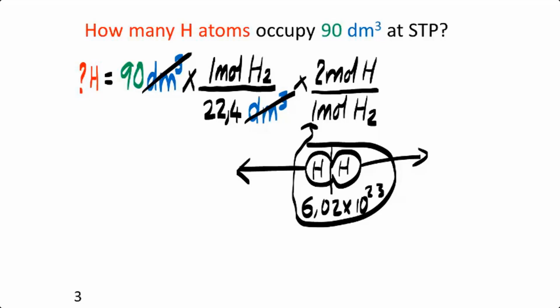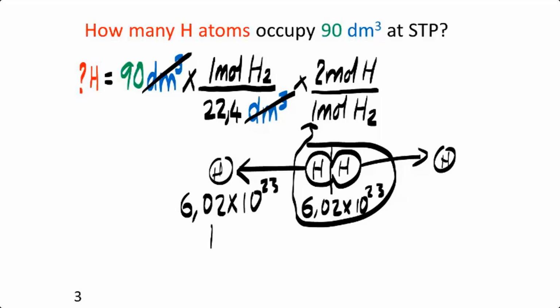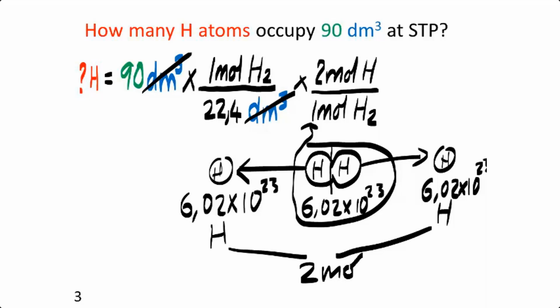Every one of those molecules we split up and we put one of the H's in this pile and the other of the H's in this pile. And when we've done that, we will have 2 piles, each with 6,02 times 10 to the power 23 H's in. In other words, we will have 2 moles of H. 1 mole of H2 and 2 moles of H are the same thing.